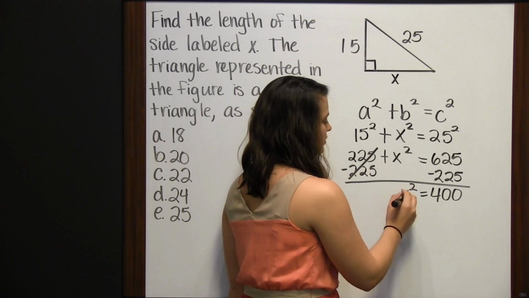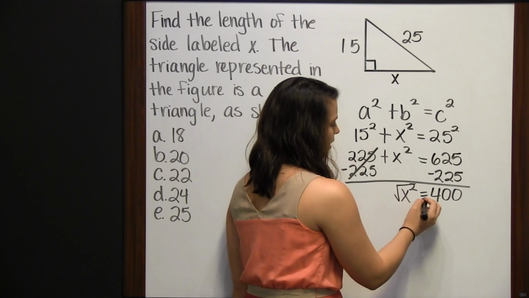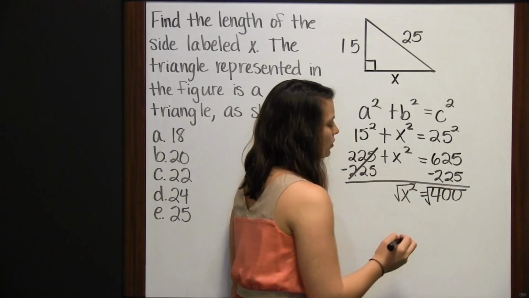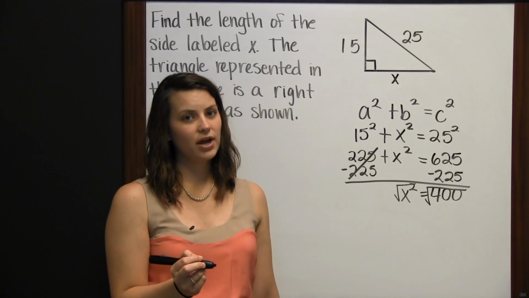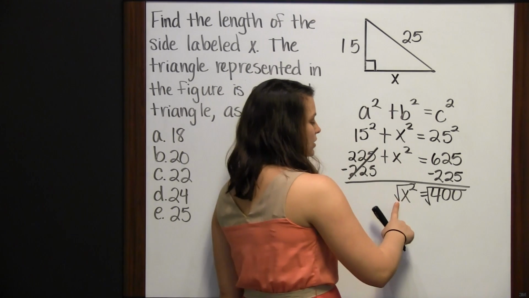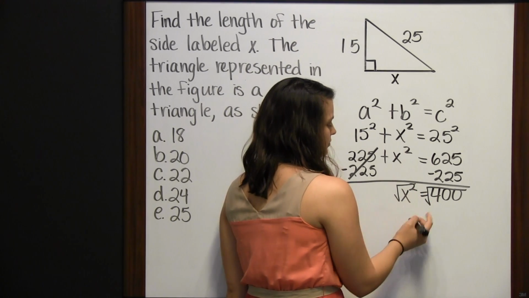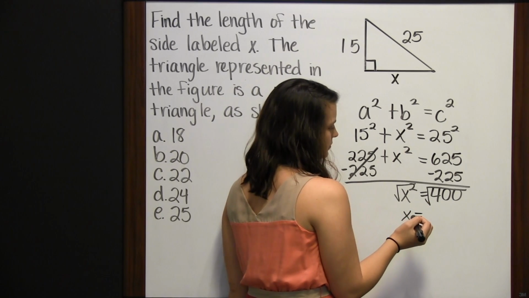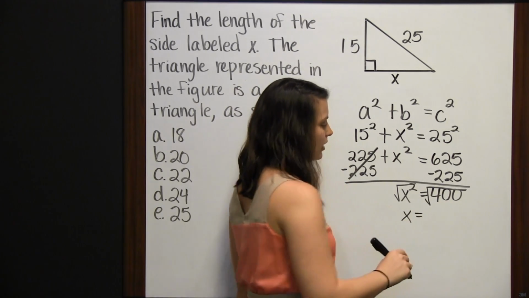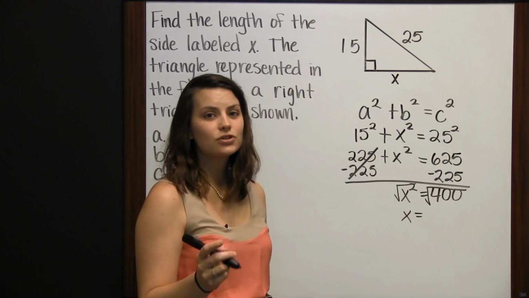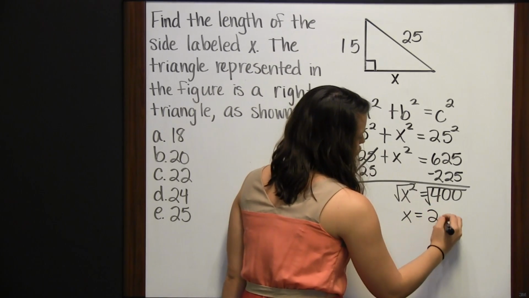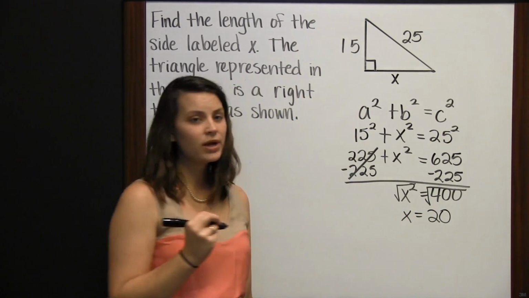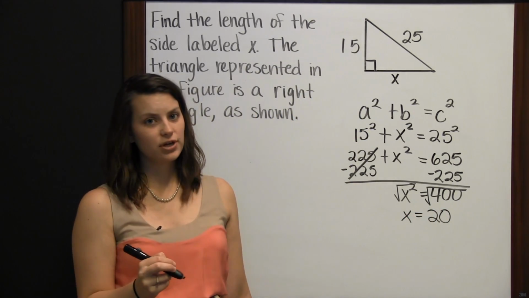The opposite of squaring x is square rooting x. So we must square root both sides to solve for x. The square root of x squared is simply x, equals the square root of 400 is 20, since 20 times 20 is 400.